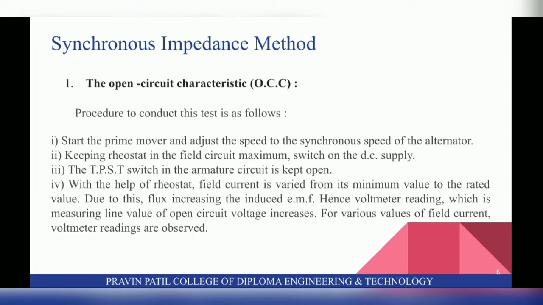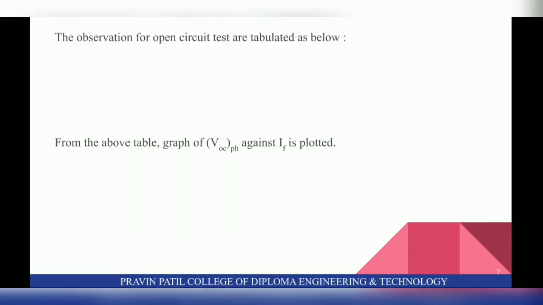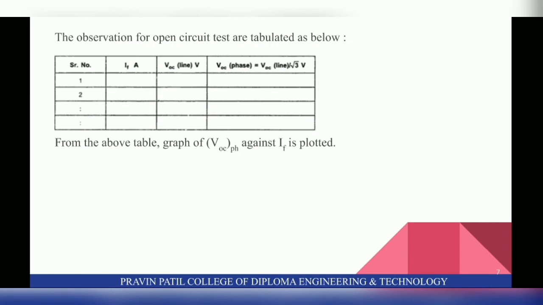So for open circuit test, the TPST switch is kept open and reading taken for the VOC, that is open circuit voltage, for the same field current. So this is the observation table for this open circuit test, in which you have to take readings for current, that is field current, VOC, open circuit voltage, which is line voltage.